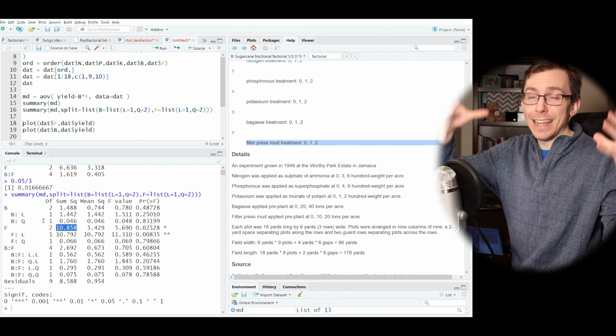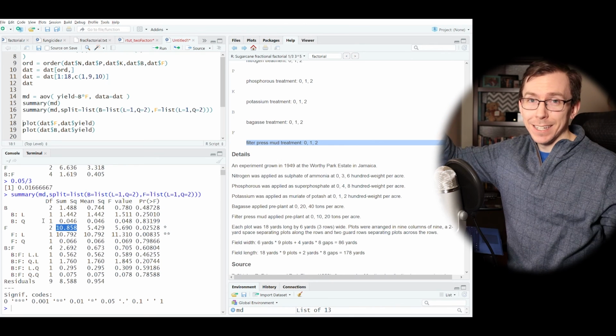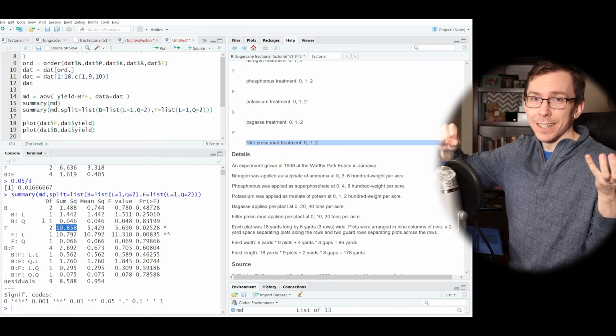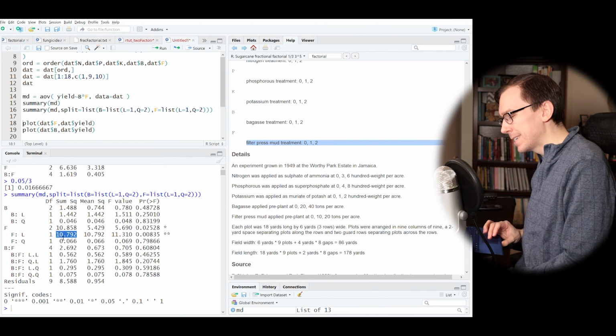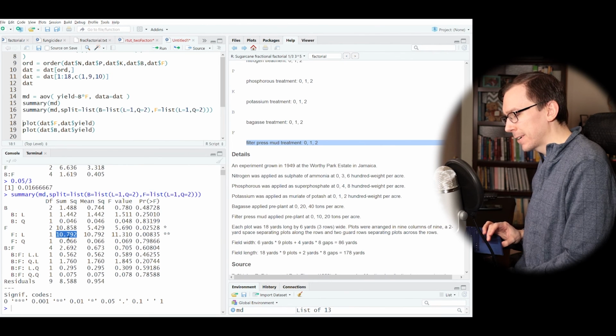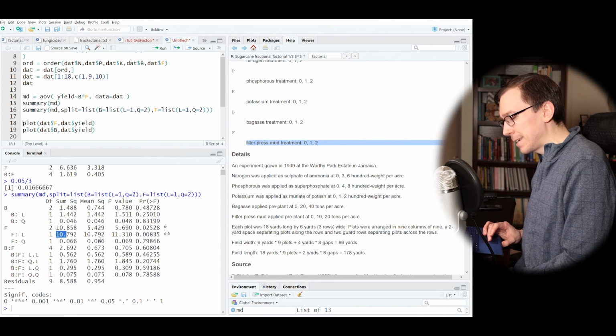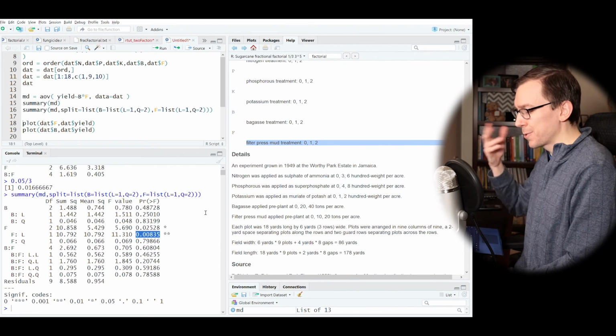So I'm really just taking the sum of squares for F and breaking it into two pieces, one linear, one quadratic. It so happens here that most of the variation attributed to F is coming from the linear contrast. And that's good because now that we only have one degree of freedom associated with it, it's making our test statistic much larger and our p-value smaller.